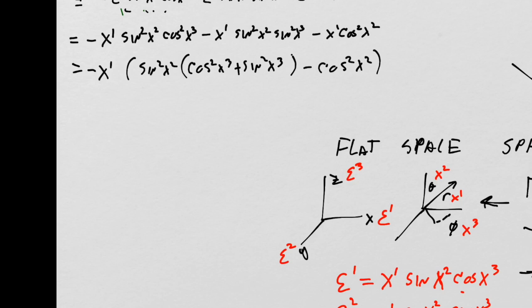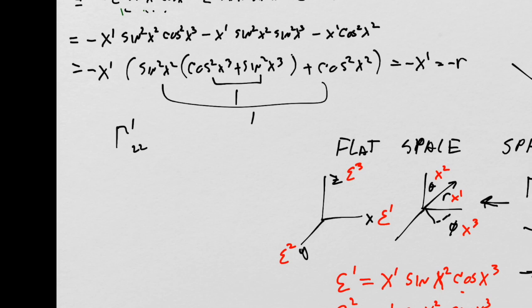Whoops, these become plus signs, right? Because I pulled out a minus. So this becomes a 1, and then this becomes a 1, which equals minus x1, which in terms of the regular coordinates is minus r, right? So gamma 1, 2, 2 equals minus r.